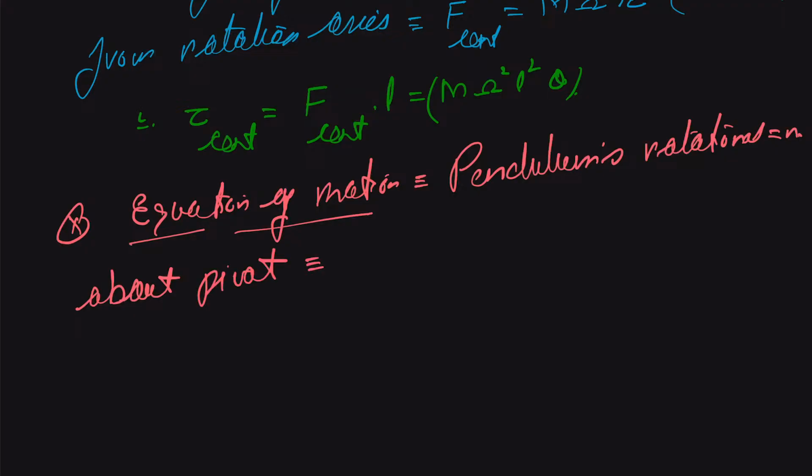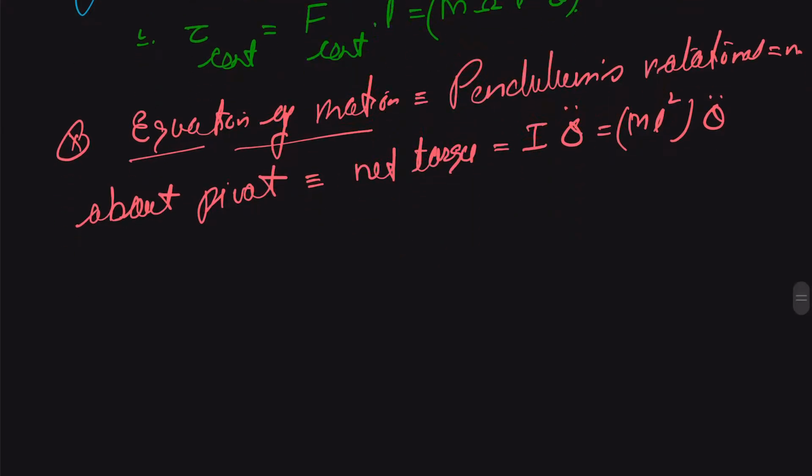Our net torque will be equal to the moment of inertia times theta double derivative. The moment of inertia of mass m at a distance L from the pivot, that's our I, is equal to mL square. So this will be mL square theta double derivative. And we have two forces: one is the gravitational force and the other is the centrifugal force.